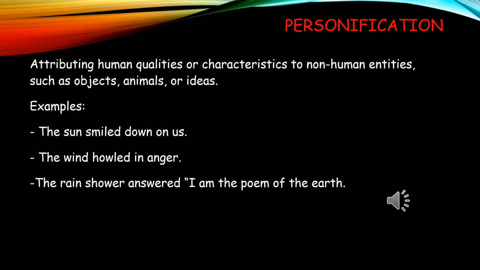The rain shower answered, I am the poem of the earth. It never answers to us, not answering to the poet even. It's just the imagination. In My Mother at 66, young trees sprinting, in Keeping Quiet, the earth can teach us. All these are examples of personification.